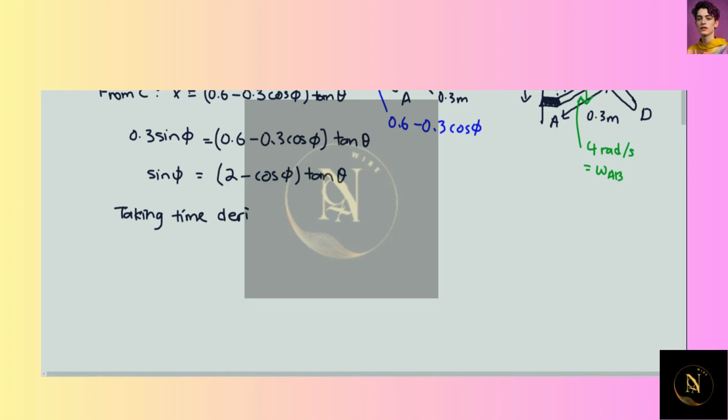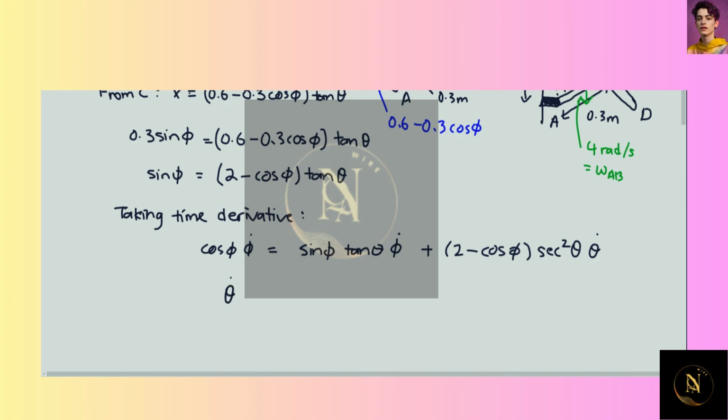Then we will be taking the time derivative. This time we only need to do it once. So we have cosine phi phi dot is equal to, differentiating using the product rule, the first term we get sine phi tangent theta phi dot, and the second term we get 2 minus cosine phi secant squared theta theta dot.